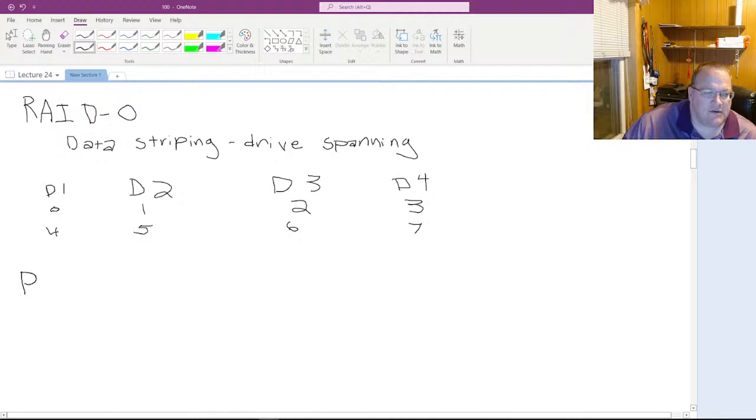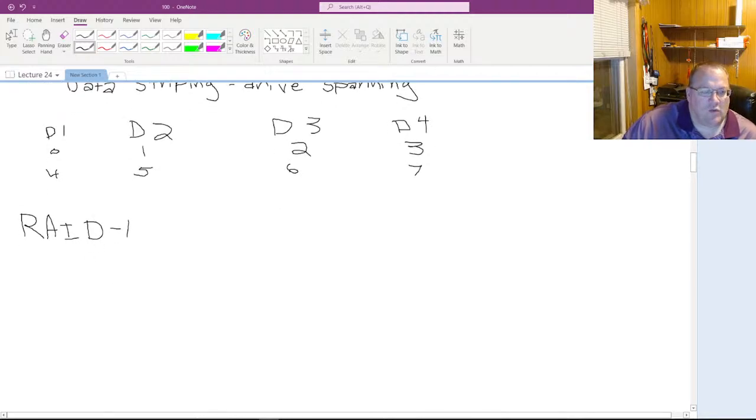Okay, the next one is RAID 1. So this one, you can think of the 1 as being 1-to-1. What we do is called disk mirroring.